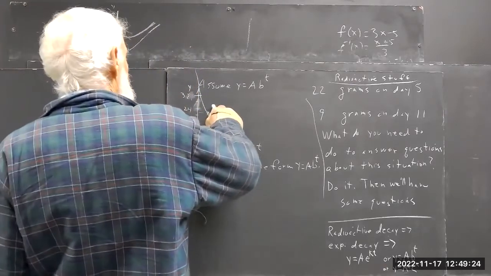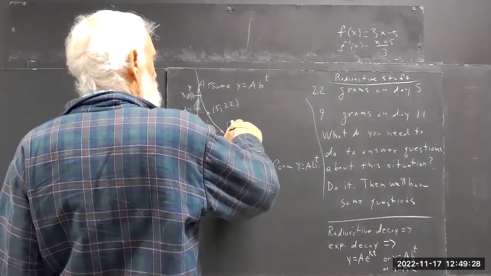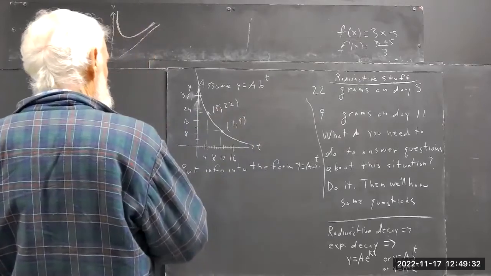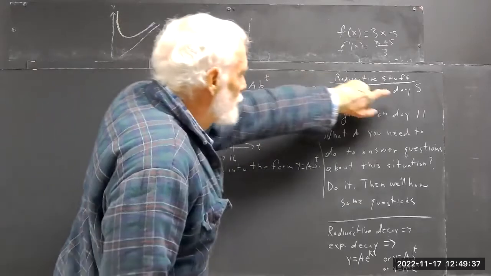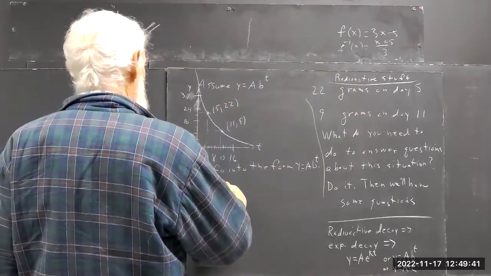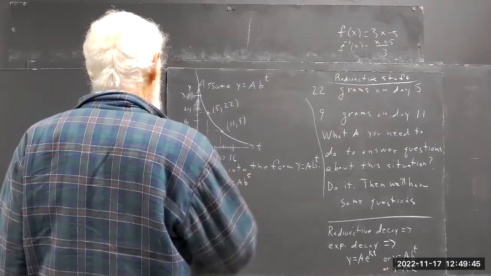This point is 5, 22. This point is 11, 9. If we take 5, 22, so I'm just going to say that point, this information here tells you that 22 equals a b to the fifth.